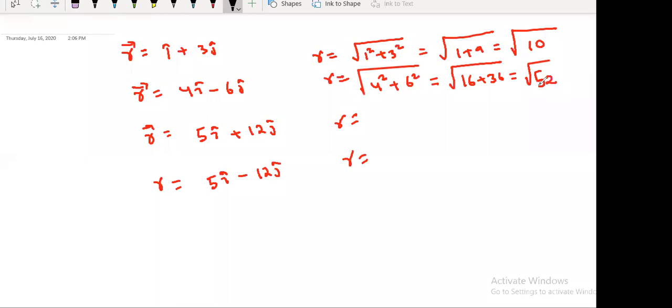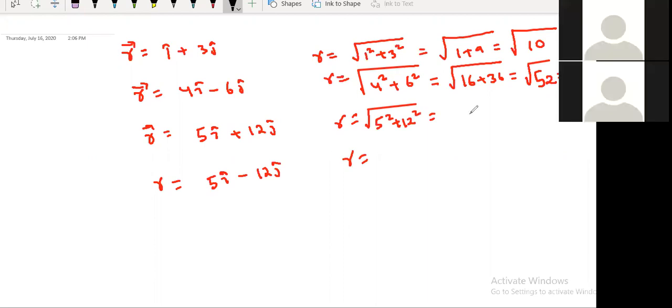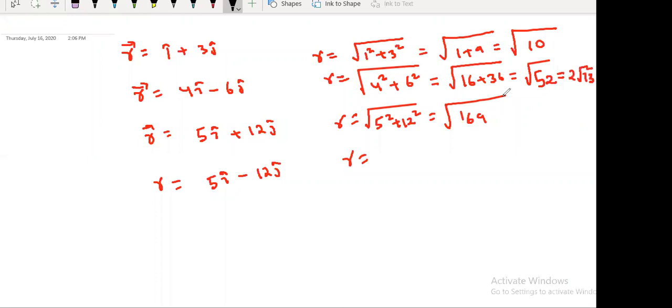ठीक है? Which can also be written as 2 root 13. है ना? चलो. Third, root of 5 square plus 12 square, which is equal to root of 169, which is 13.